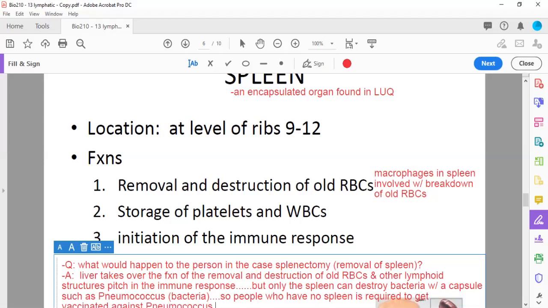It is always advised, especially with older patients, to get vaccinated against pneumococcus. It's called Pneumovax, and what that means is that it protects them against pneumococcus, which causes pneumonia. But people who have no spleen, regardless of their age, need to be vaccinated against pneumococcus.